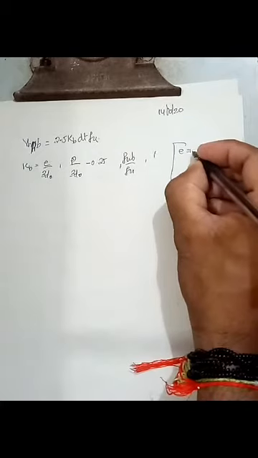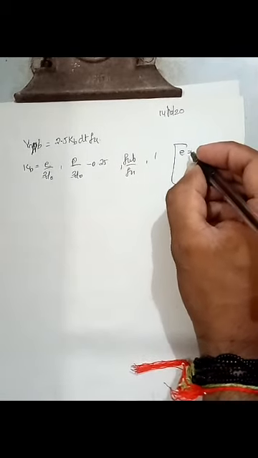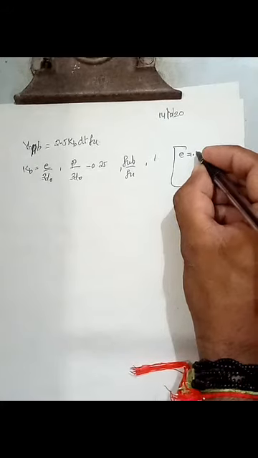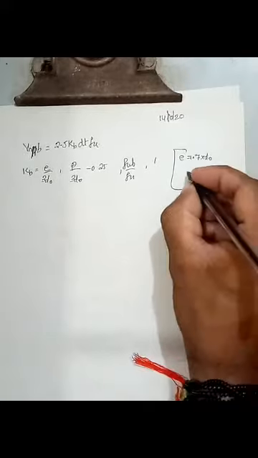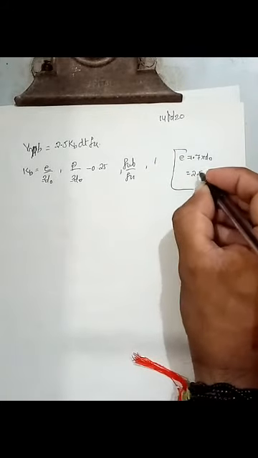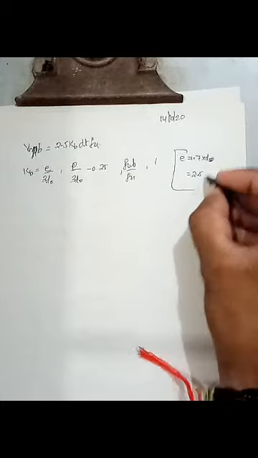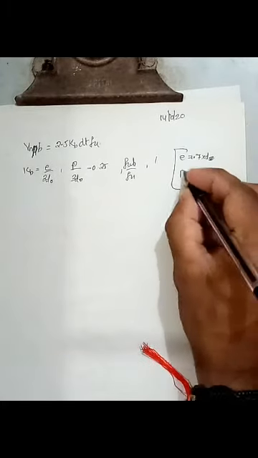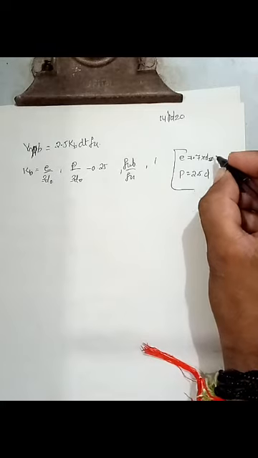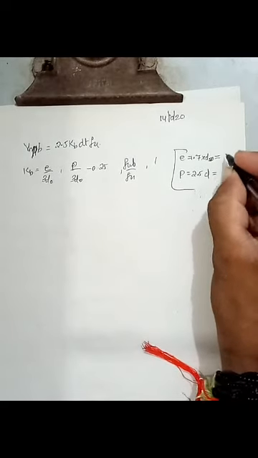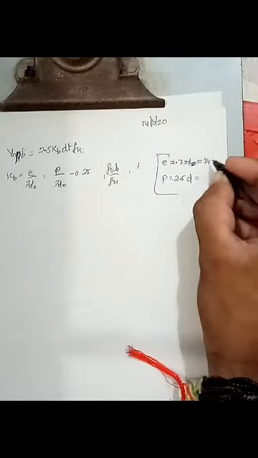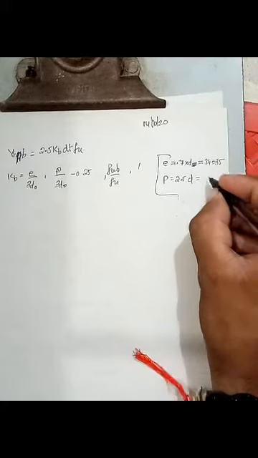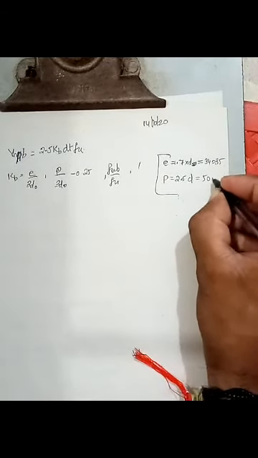So now you can select e equal to 1.7 times d naught and pitch 2.5 times d. So if you do this, you get the answer 34, approximately 35, and this you get as 50 mm.